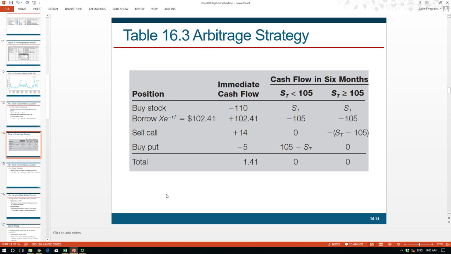And right now, you have a call option price of $14 and a put option price of $5. And the stock price is $110. And the risk-free rate is assumed to be 5%. So when you see all those numbers in the financial market, what can you say?